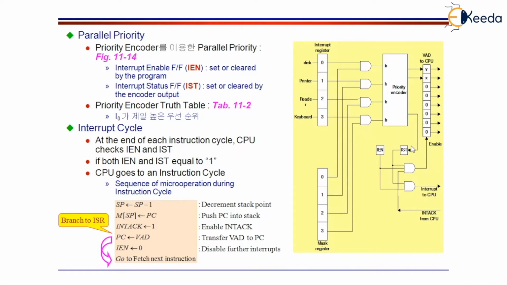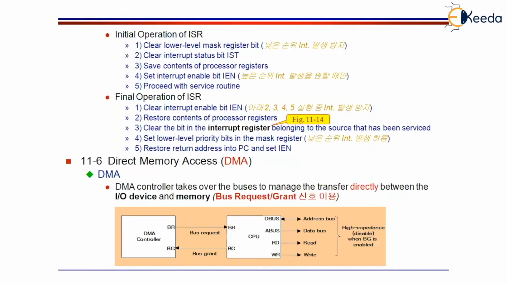So this interrupt status bit will be cleared to ensure that the current interrupt service routine will get executed hassle-free. But mind you, there is an exception. That is, when a least prioritized device is being serviced, this IST can be set by the most prioritized device. You just understand this.